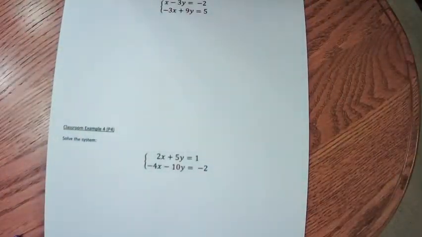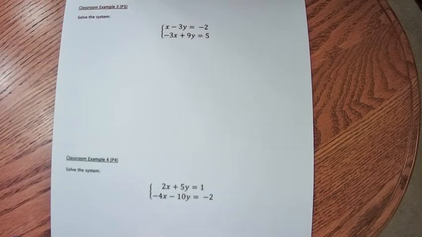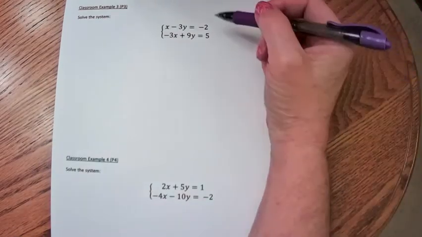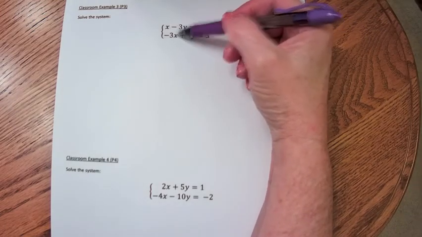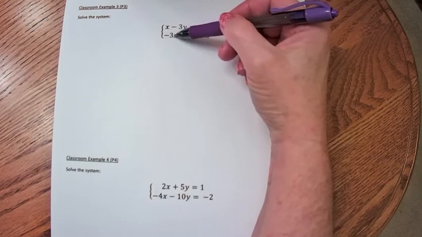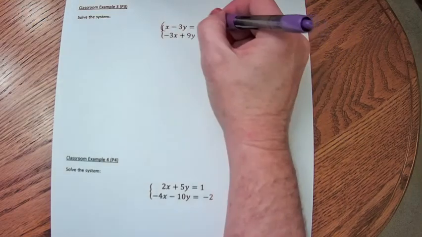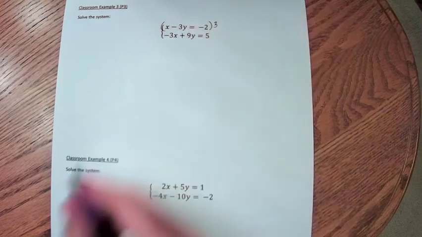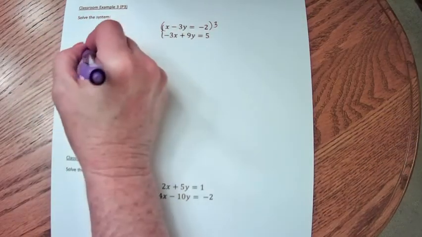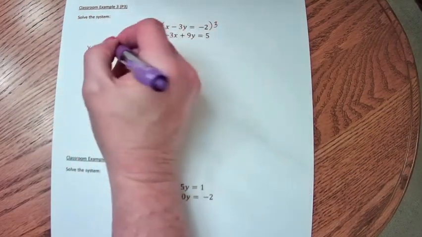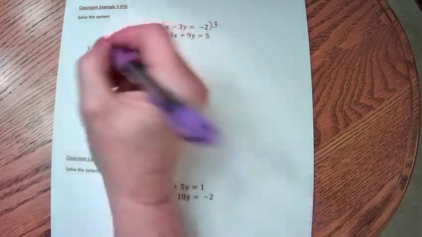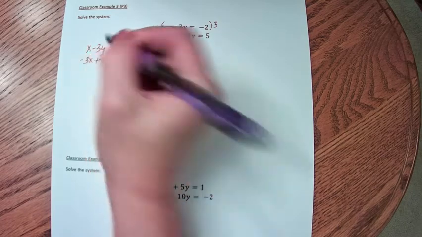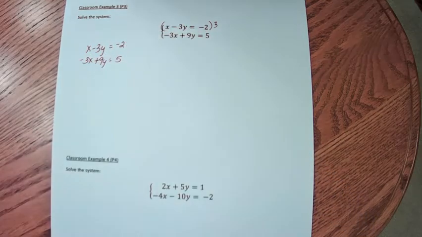We're going to move on to example 3, and let's solve this using addition. All right, so here I have a 1x and here I have a -3x. You know what, if I multiply this whole first equation by 3, we have x minus 3y equals -2, and -3x plus 9y equals 5.